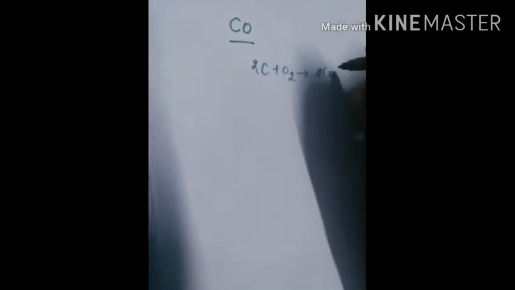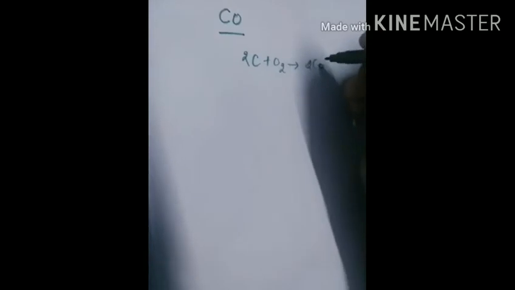Now some of the physical and chemical properties. What are the reactions of carbon? There are so many reactions or bondings for carbon, but we are going to see the important products of carbon. First one is carbon monoxide. Carbon monoxide is CO. How can we prepare it? We can oxidize carbon to produce carbon monoxide.